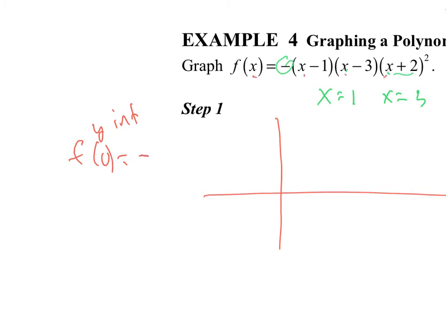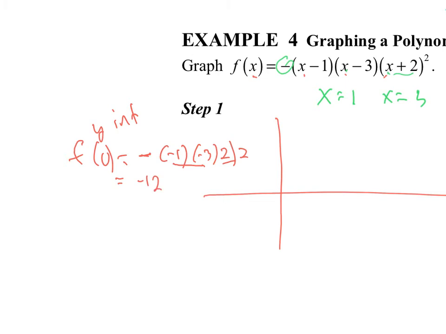I have that negative in front. 0 minus 1 is a negative 1. 0 minus 3 is a negative 3. 0 plus 2 is a 2. And then there's another 0 plus 2 is a 2. So that turns into a negative of a negative is positive 1. Positive 1 times a negative 3 is a negative 3. Negative 3 times 4 is a negative 12.